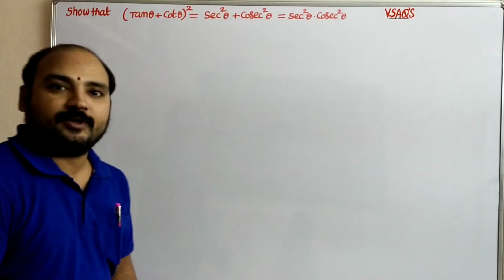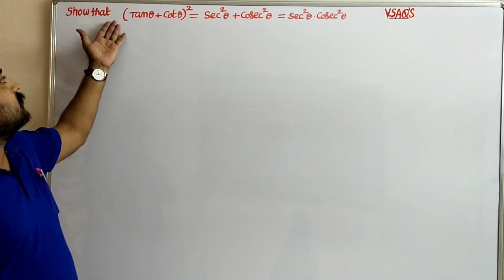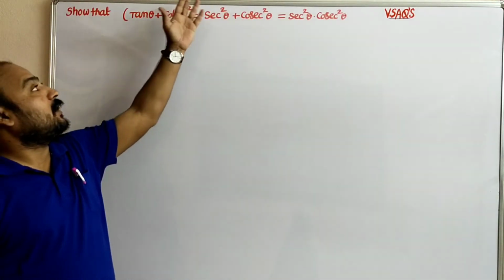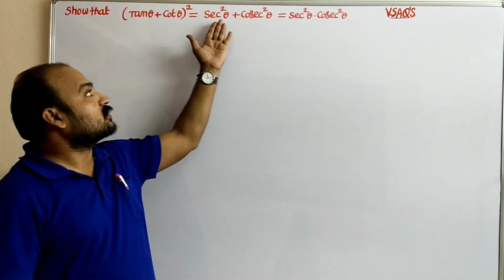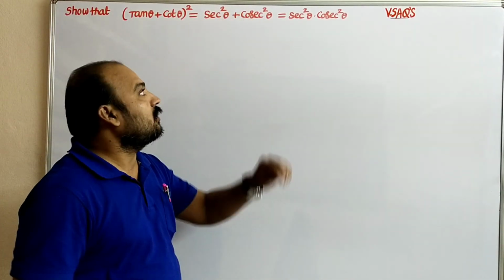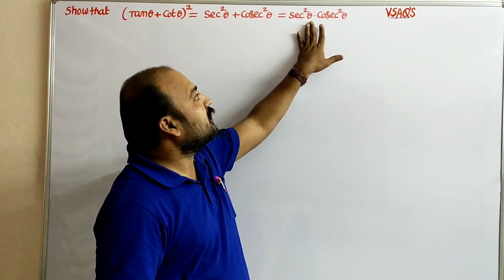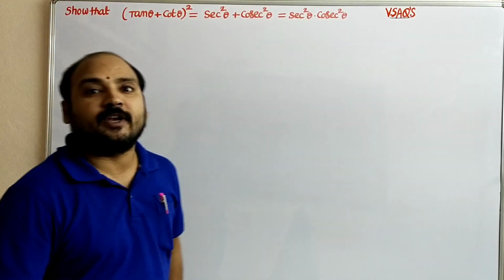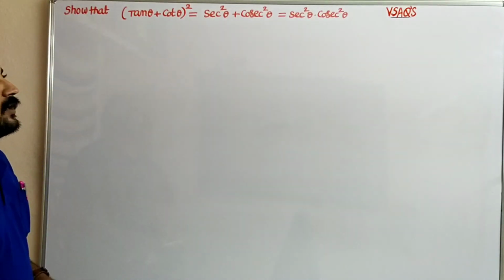The next question. Show that tan theta plus cot theta whole square equal to secant square theta plus cosecant square theta, which is also equal to secant square theta into cosecant square theta. Now consider LHS.